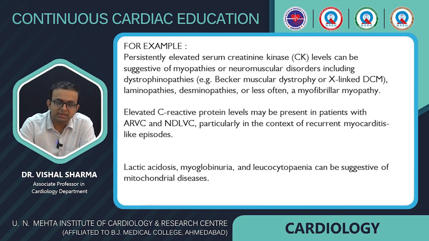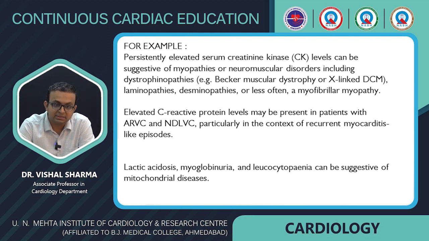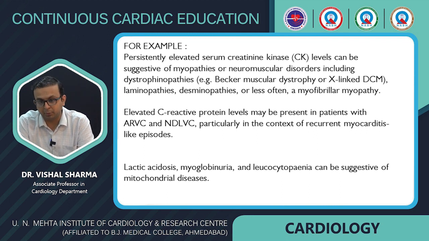Similarly, say a patient has presented with a myocarditis-like episode, and you are finding that the CRP is raised, the RV is showing dyskinesia, and the RV wall is thinned. You might be dealing with the setting up of ARVC, which usually presents initially like myocarditis or is worsened by myocarditis.